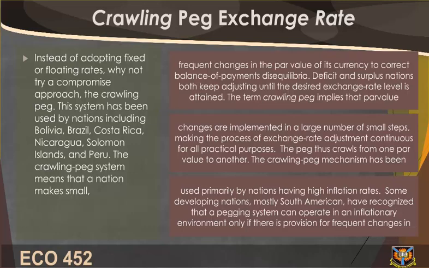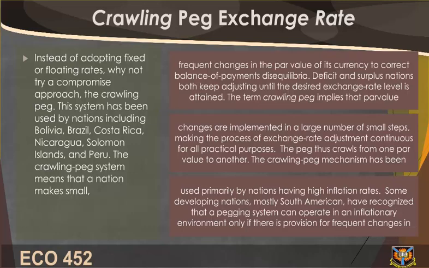Deficit and surplus nations both keep adjusting until the desired exchange rate level is attained. The term crawling peg implies that par value changes are implemented in a large number of small steps, making the process of exchange rate adjustment continuous for all practical purposes.